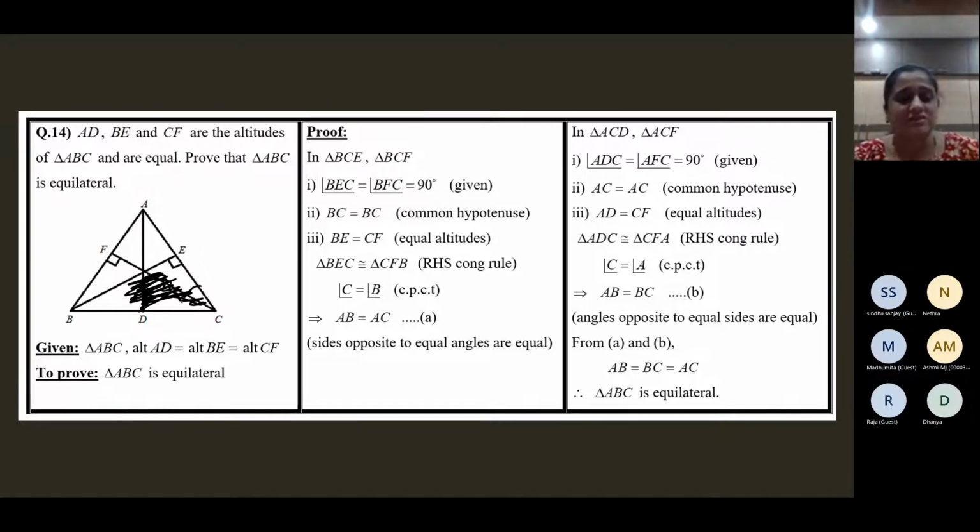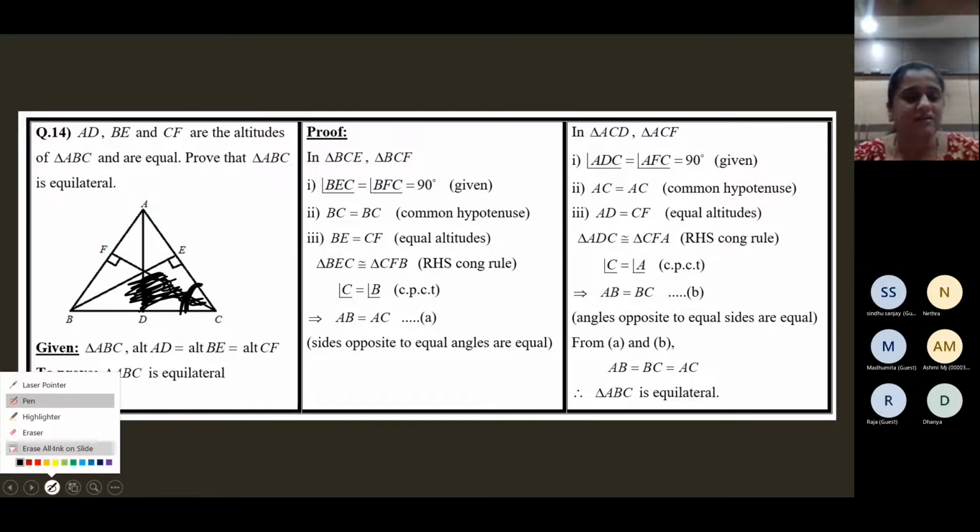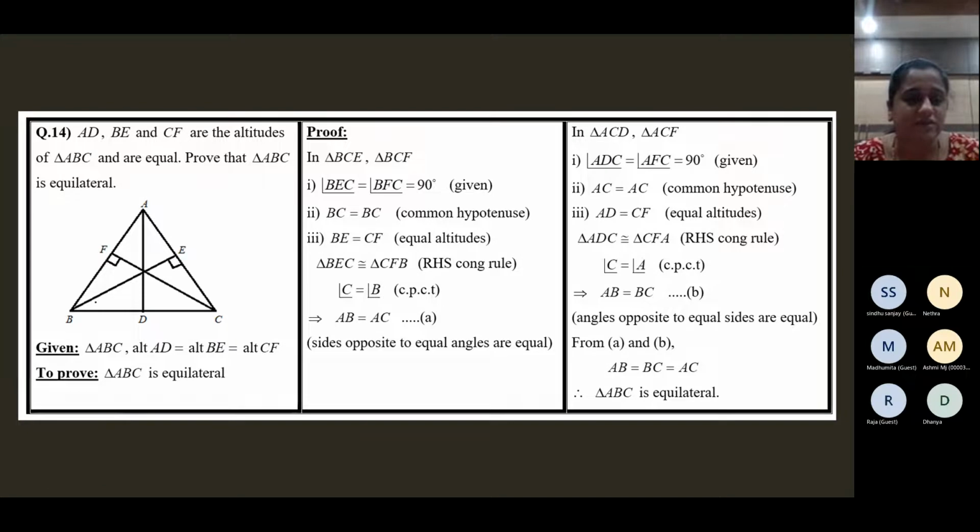So you have this angle C, and in the other triangle, BCF, don't see these lines. BCF, so these lines are not there. In this triangle, you can see this whole of angle B. So what is angle B called in this triangle? FBC.